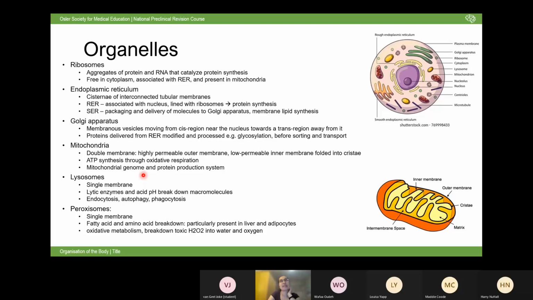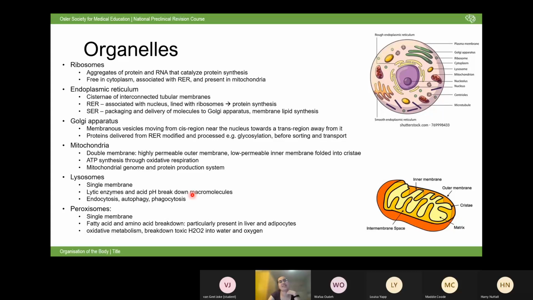And acid pH is important because the enzymes are made such that they will only work at an acid pH, which is important for compartmentalization, because essentially the cytoplasm of the cell has a neutral pH of around 7.2, which means if lysosomes accidentally split open and the enzymes are released into the cell, they won't work because it's not at an acid pH. So that stops the cell from accidentally digesting itself.